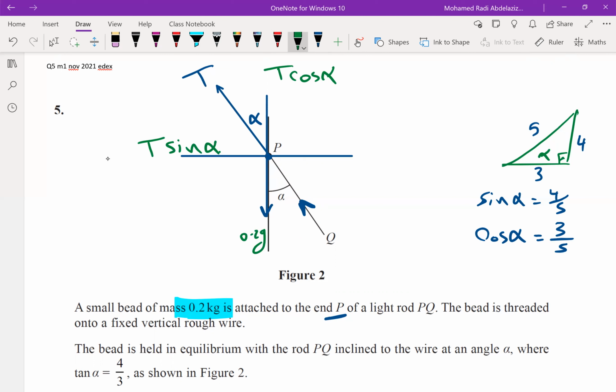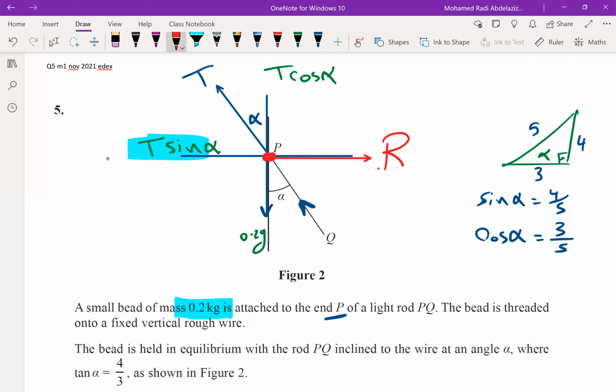If you act by a force on the left-hand side, the normal reaction will be opposite. So the normal reaction will be in this direction. So now look at the forces acting on P. Its weight acting down. The thrust in the rod, after extended to the other side, makes an angle alpha.